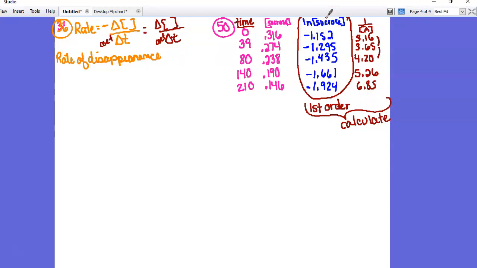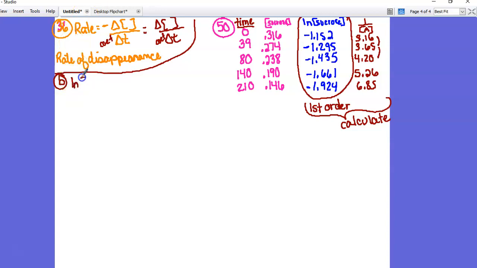So now for part B, what are the units of the rate constant? I used an equation that you probably never saw before. So I'm going to use the equation that we're very familiar with.